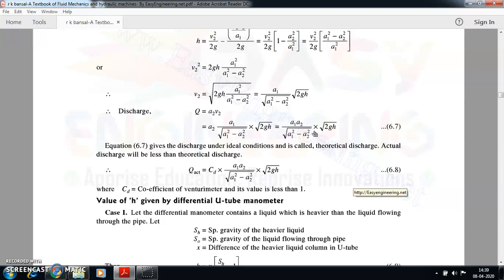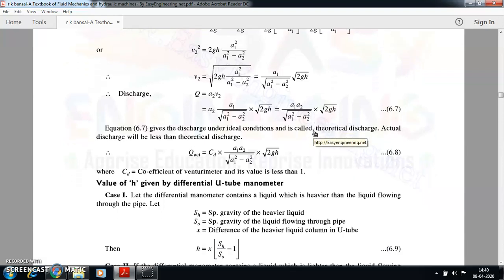And if the flow is not ideal in nature, then we will get an actual discharge, which is equal to CD into the theoretical expression. Now CD is the coefficient of venturimeter, and CD is always less than 1. I had stopped till here.